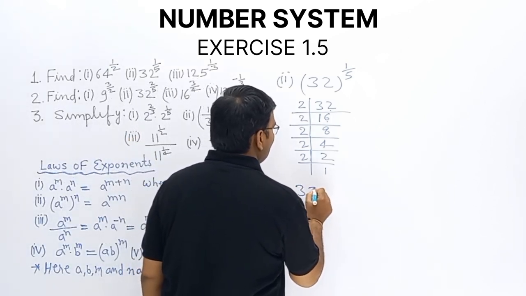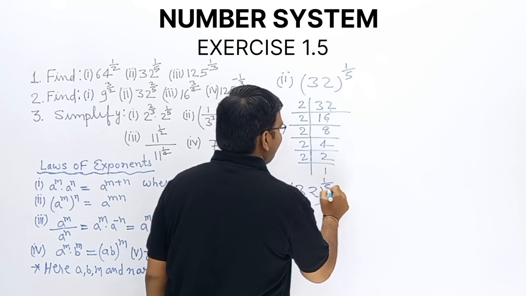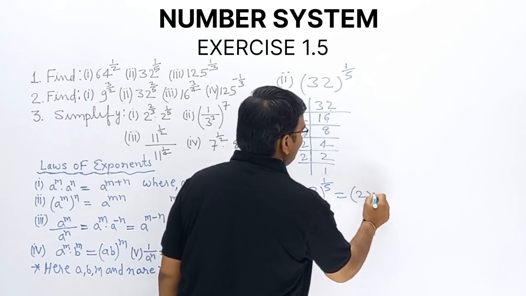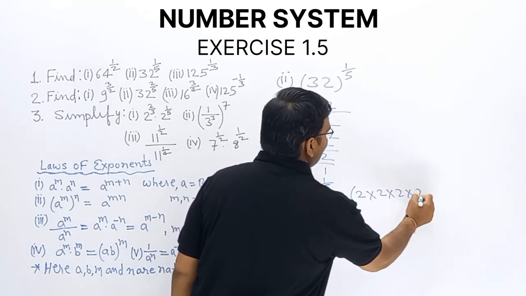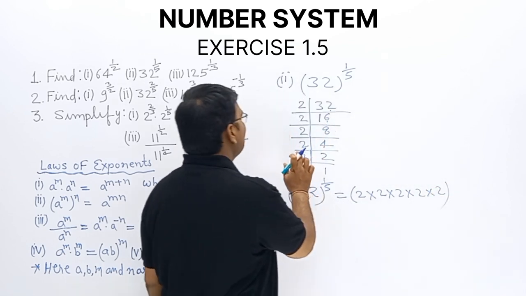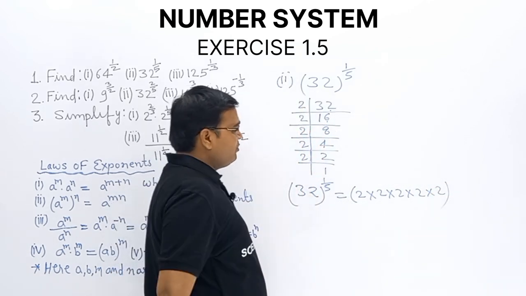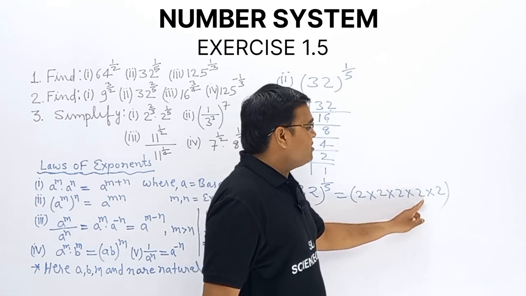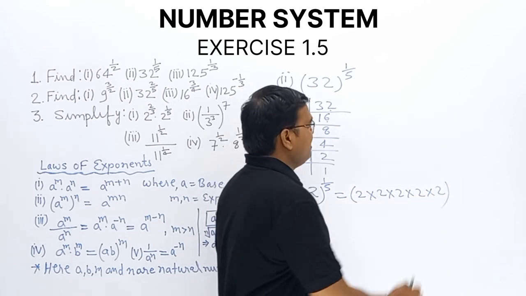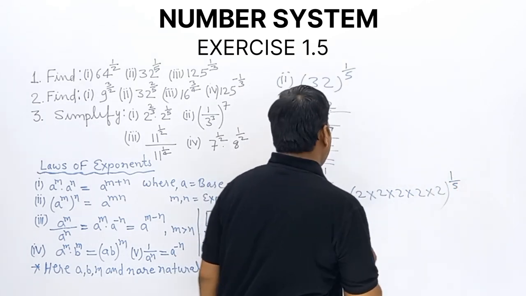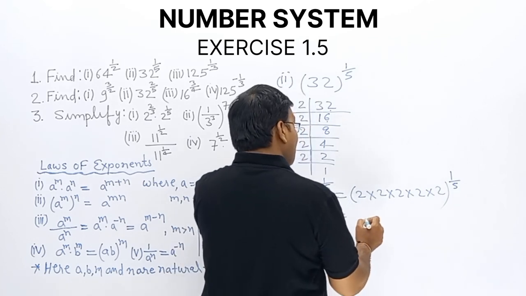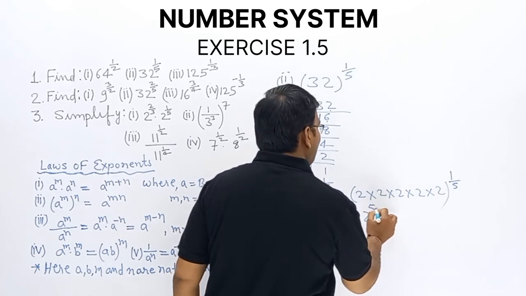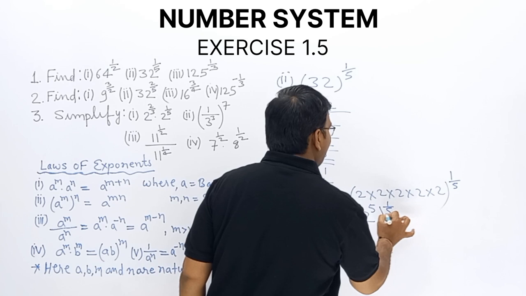So 32 power 1 by 5 can be written as 2 into 2 into 2 into 2 into 2, 5 times: 1, 2, 3, 4, 5. Once we multiply, 2 times 2 is 4, 4 times 2 is 8, 8 times 2 is 16, 16 times 2 is 32. We are getting 32. Whole power is 1 by 5. It can be written as 2 power 5 and whole power 1 by 5.